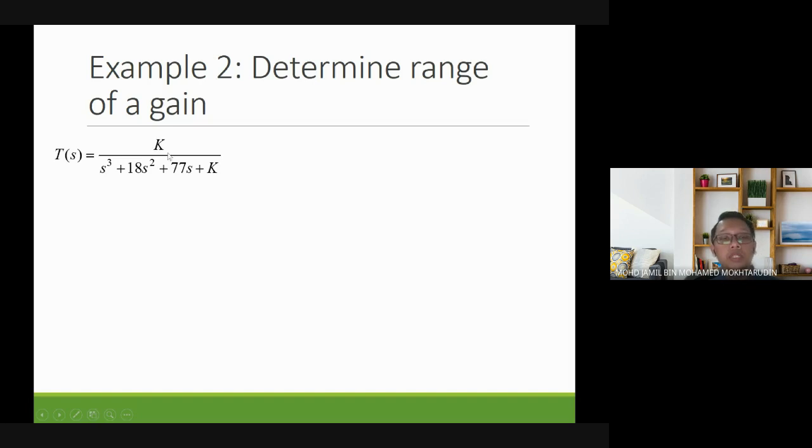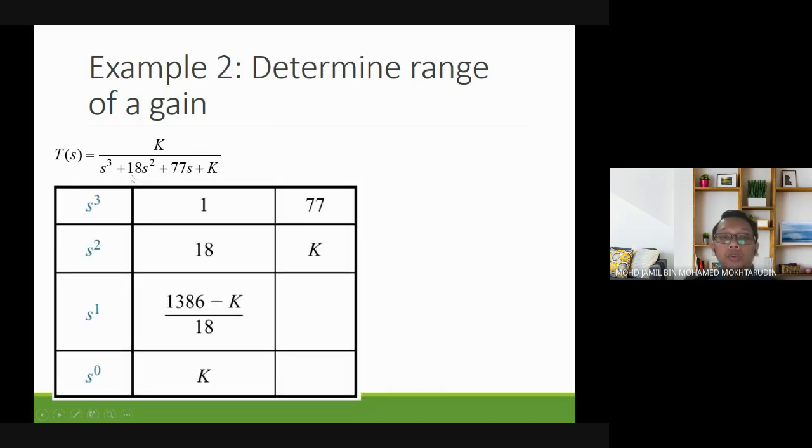Okay, so let's say you have a transfer function T(s) equals K divided by s cubed plus 18s squared plus 77s plus K. You want to determine the range of K for a stable system. The first thing you need to do is generate the Routh table. Start with s to the power of 3 because the highest power is 3, followed by s2, s1, and s0.